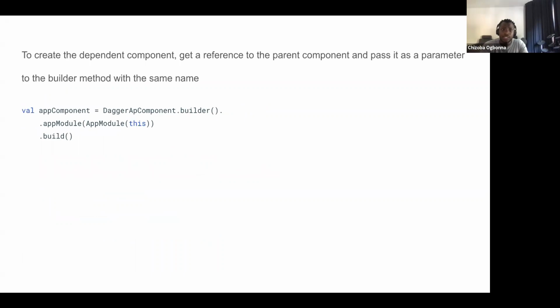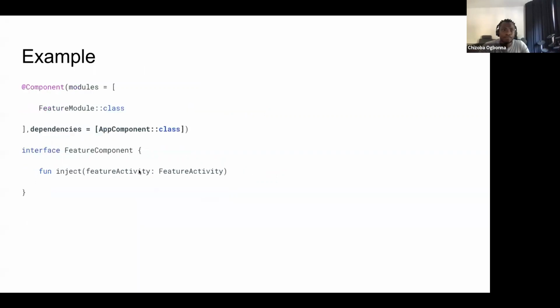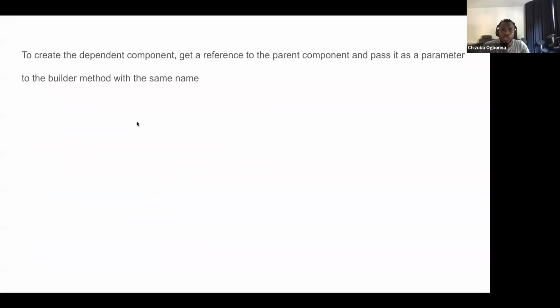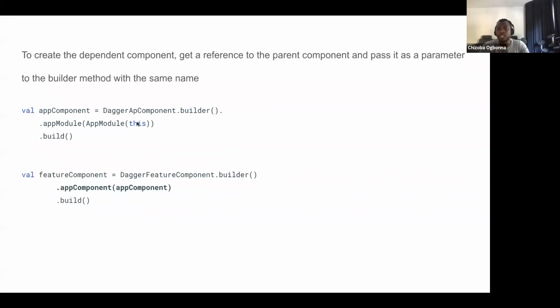And the way you create it is you create dependent components. Once you have an instance of your app component, of your parent component, you just supply it as a method. Dagger generates, in the builder, a method of that same component name, so that you just pass an instance of that app component. If you think about it, it makes sense. The dependent component will now hold an instance of the app component.